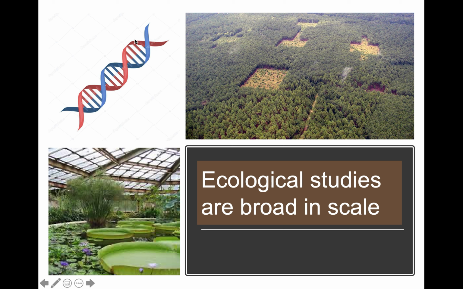You might study change in DNA in populations. So you can study very, very small things like molecules, but a community ecologist might use a greenhouse, for example. It could be something outdoors, but to examine community interactions in a very controlled environment.